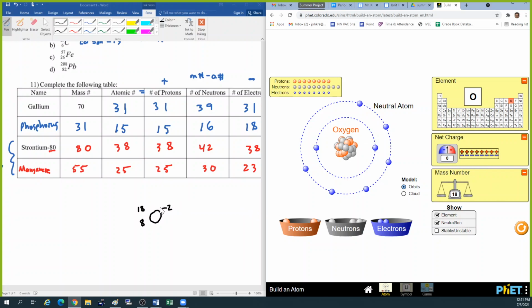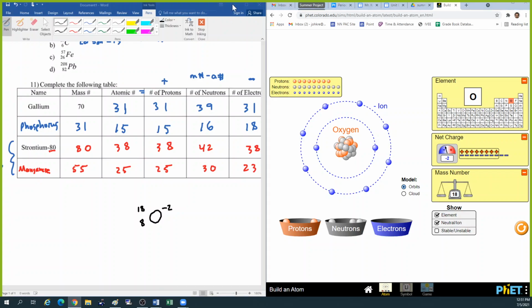But this needs to be -2, so 2 extra electrons are thrown in. Now I have a surplus of 2 electrons, which builds not only this specific atom, but this specific ion. So it has all the right parts now to represent this symbol. Does that help? Yeah, that helps.